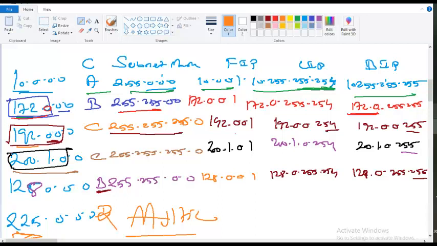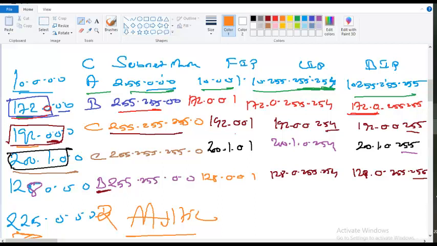If it is class C, it's easier to write because you know that the first 3 octets are already reserved for the network. And it's just the last octet that you change, right? The number changes for the host. So when you ask for the first IP, it's just the last octet that changes, and that's 1.